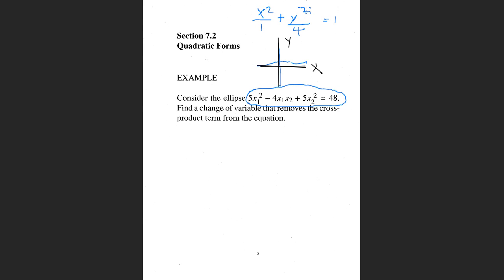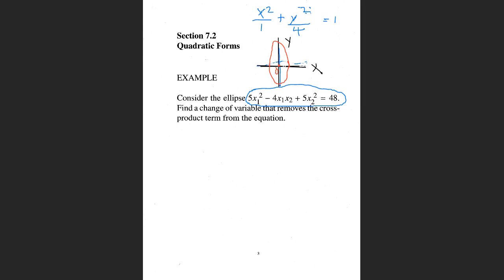Sometimes for erasing, the mouse is usually better. So I've drawn an x and a y axis. And if I draw the ellipse here, not perfect, but it's centered at the origin.